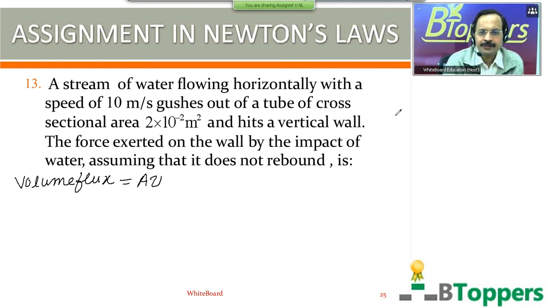That means if you consider an infinitesimally small interval of time dt, a small element of water travels a distance v dt. So this distance v dt into area of cross section gives you the volume of the water passing through any cross section of the tube in time dt.